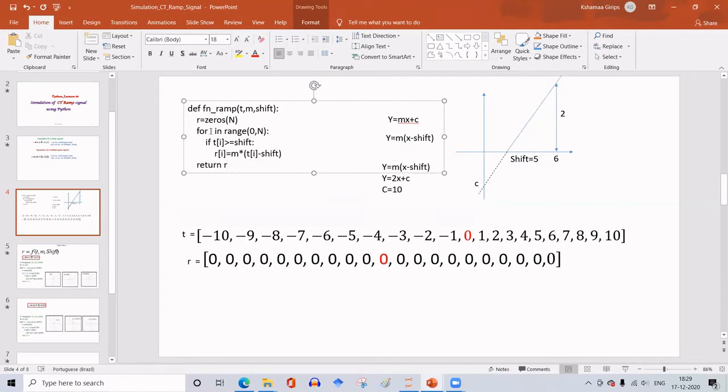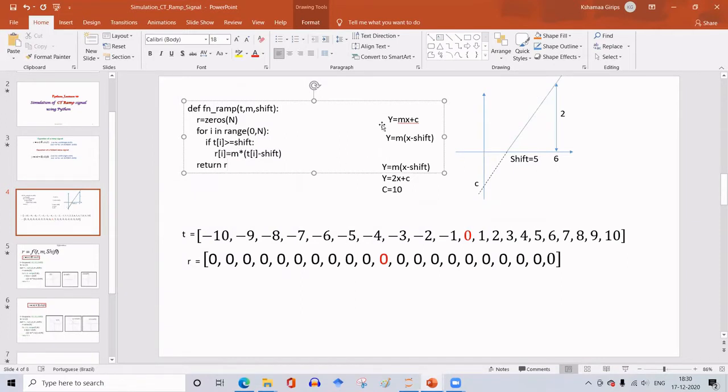So whatever the I that we take, which starts taking values from 0 up to the final value capital N in steps of 1, for the corresponding index, the value of t is picked from this array t, and that minus the shift is calculated within bracket and then multiplied by whatever the slope that we give. That is going to be the ramp signal.